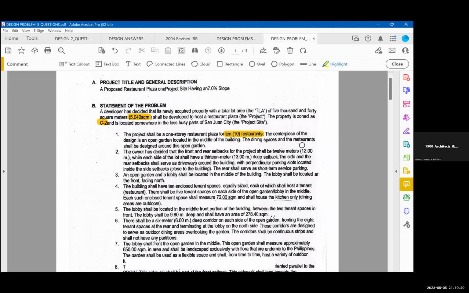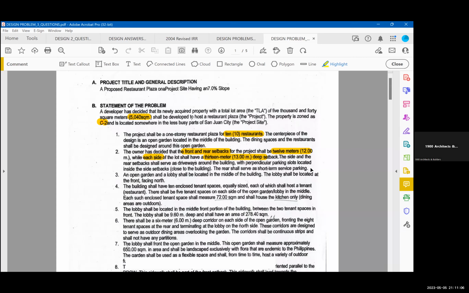The dining spaces and the restaurant shall be designed around this open garden. The owner has decided that the front and rear setbacks for the project shall be 12 meters. Front and rear are 12 meters. While each side of the lot shall have 13-meter deep setback.